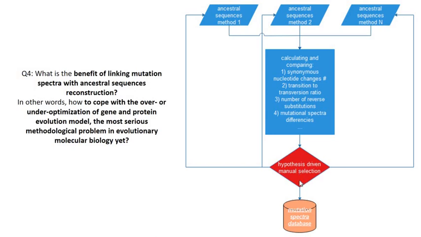This way, we naturally cope with the over- or under-optimization of the gene and protein evolution model by iterating the optimization of evolutionary models through the analysis of their results.